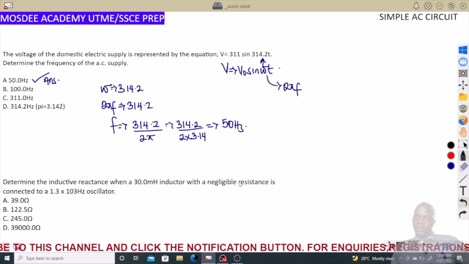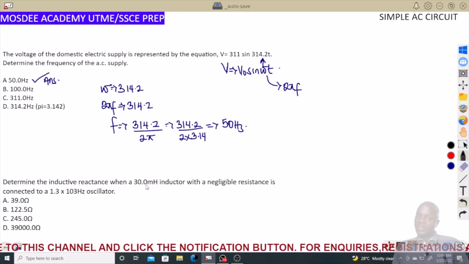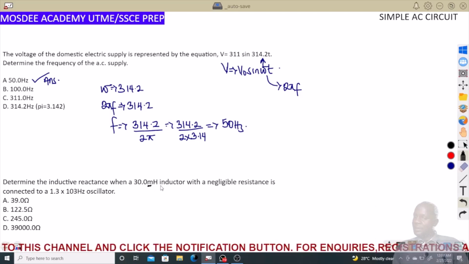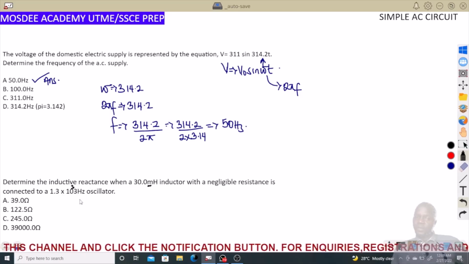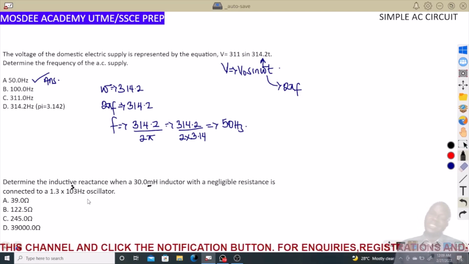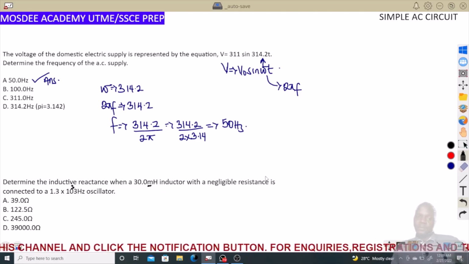For the next question, we have to determine the inductive reactance when 30.0 millihenry, so we have to convert. An inductor with negligible resistance is connected to a 1.3 times 10 raised to power 3 oscillator. So my dear students, what we'll do here is just the direct formula I've told you.